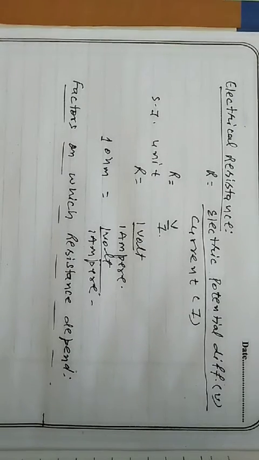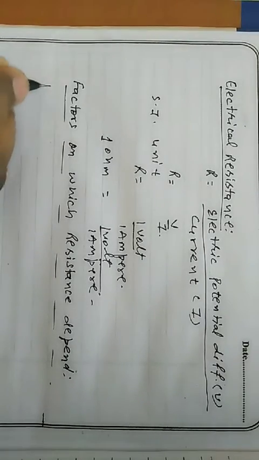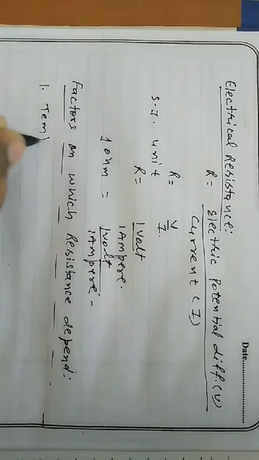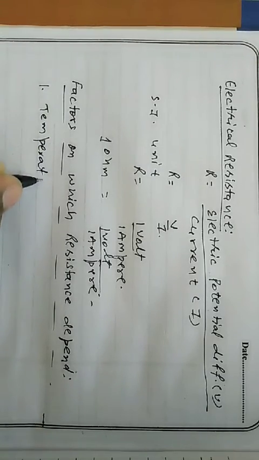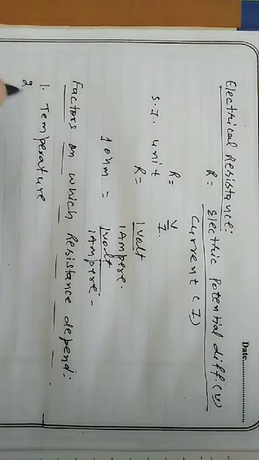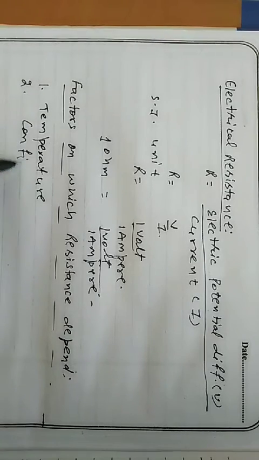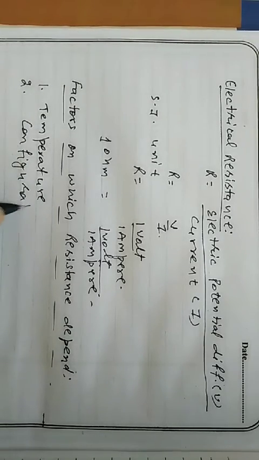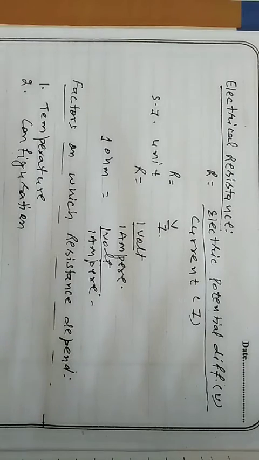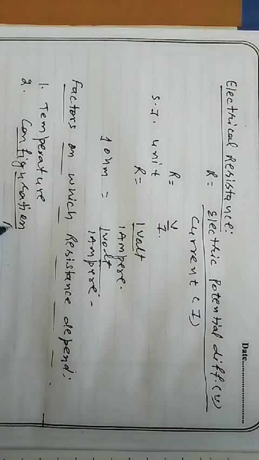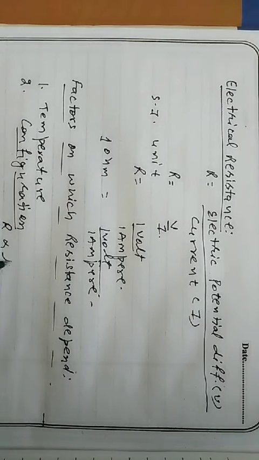The factors on which resistance depends: first is temperature, second is configuration. In the configuration, resistance is directly proportional to the length of the conductor.